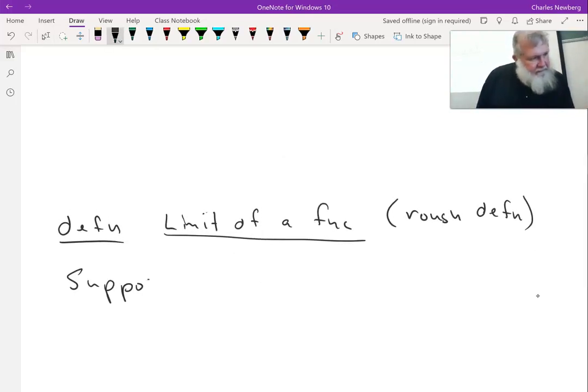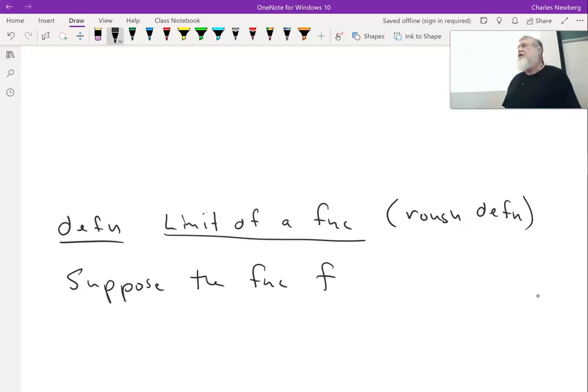Suppose the function f. In case you haven't been in my classes before, I know how to spell function, but we write it so much, we abbreviate it.